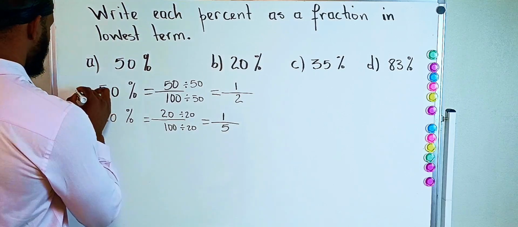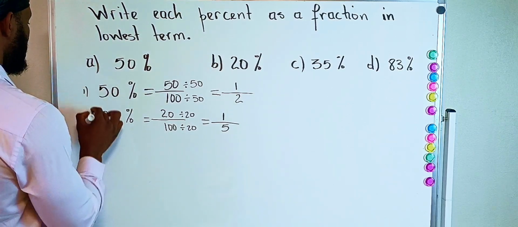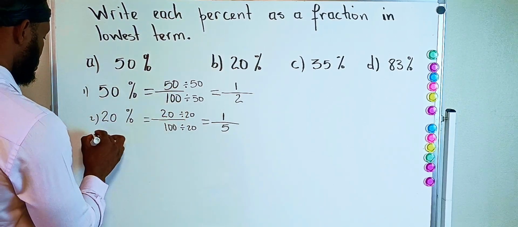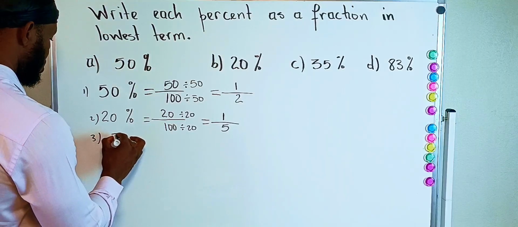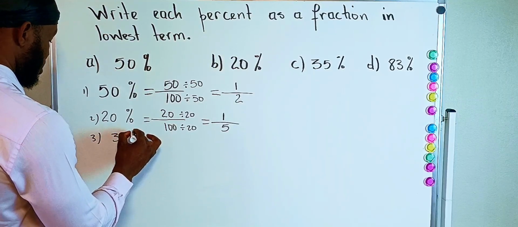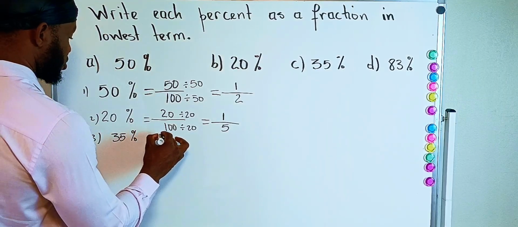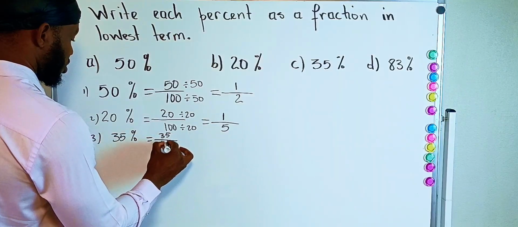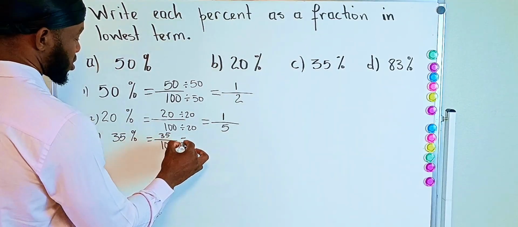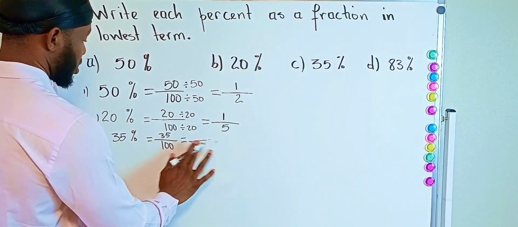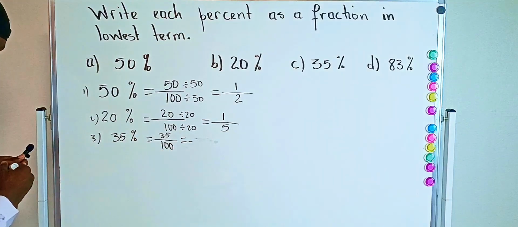Okay, let's go for the third one, which is 35%. 35% just equals 35 over 100.